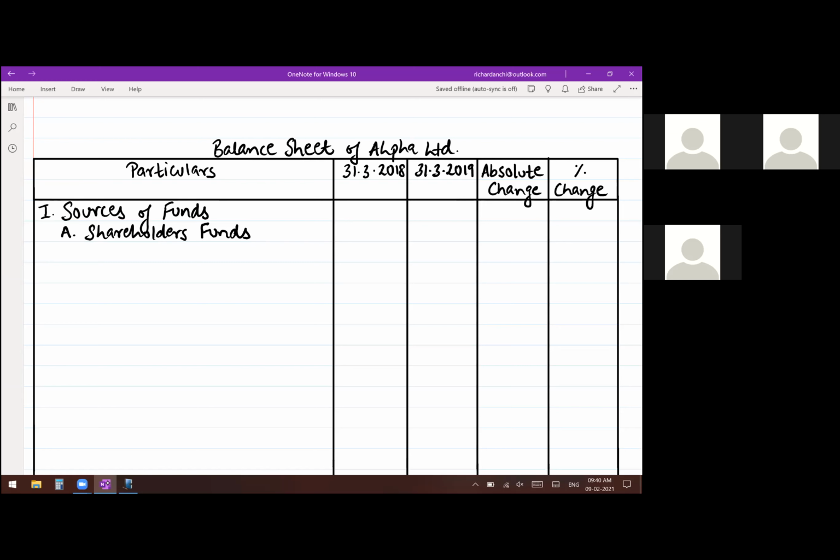In a company that is known as share capital. Write down small a, share capital. And shares are of two types here. The first is equity share capital. So below share capital, the next heading is equity share capital.